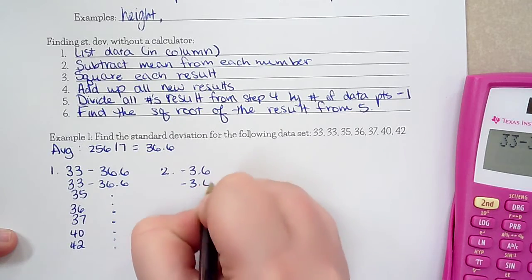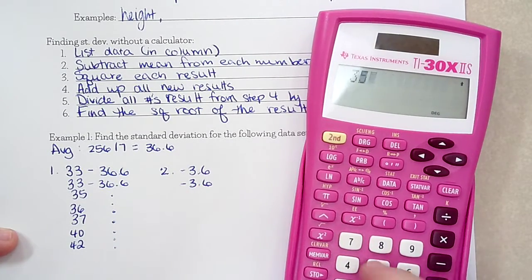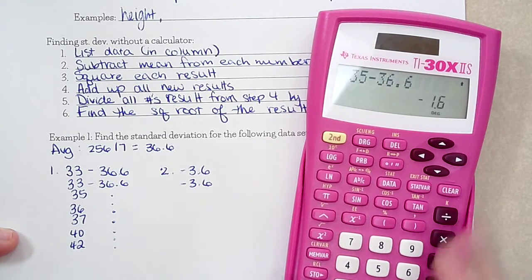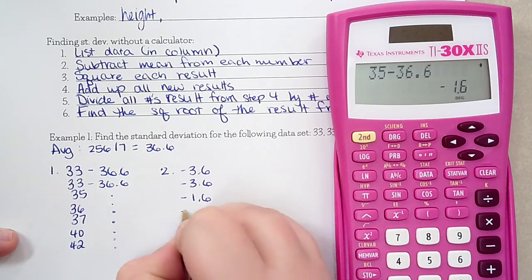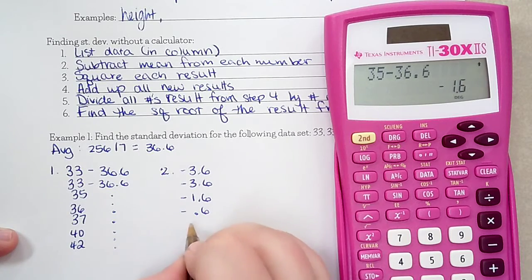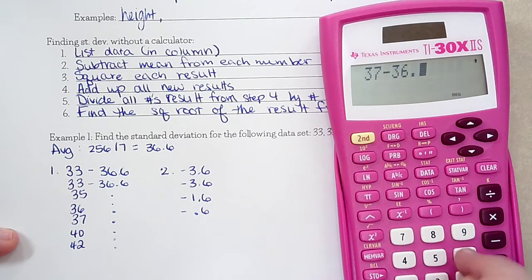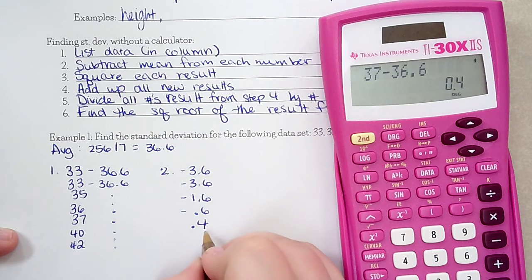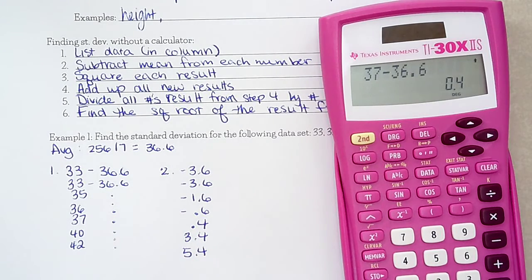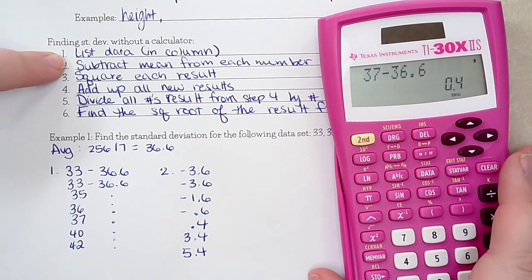Negative 3.6. 35 minus 36.6 is negative 1.6. Negative 0.6. 37 minus 36.6, pretty sure that's going to be 0.4. Yep, 0.4, 3.4, and then 5.4. So those are all my second step where I subtracted the average from each number.